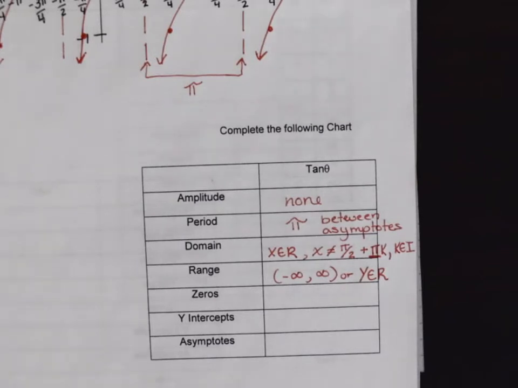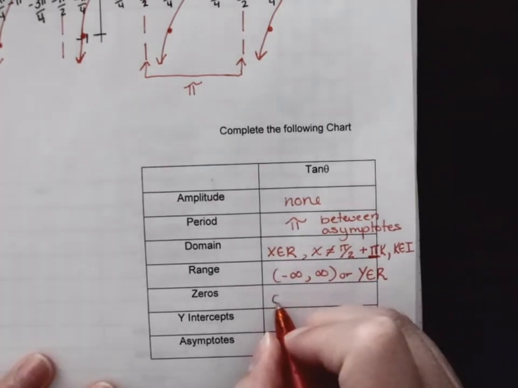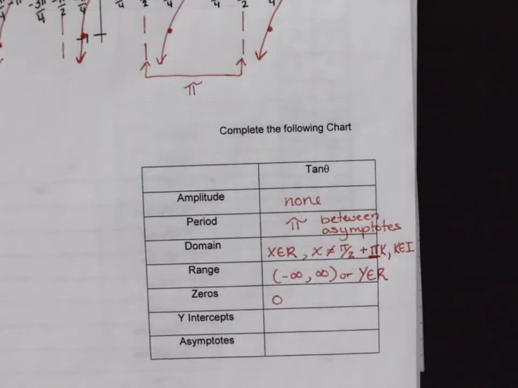Okay, zeros of the function. So we're going to do a general solution because this can continue on forever. We start with our first positive 0. So the zeros occur at 0. When does my next 0 occur?